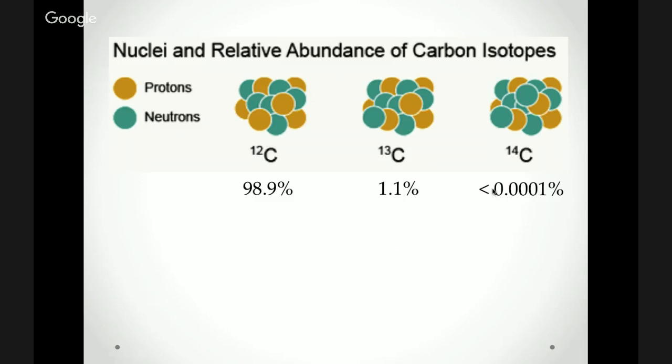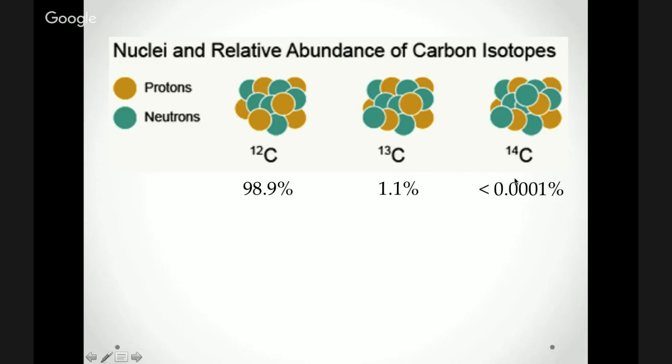So let's talk about this relative abundance, or percent abundance as it may be referred to. Here's an example showing carbon 12, carbon 13, carbon 14. They're all carbon, so they all have the same number of protons, but the neutron number is different with each. Carbon 12 has the highest percent abundance, carbon 13 a very small amount, and carbon 14 even smaller.